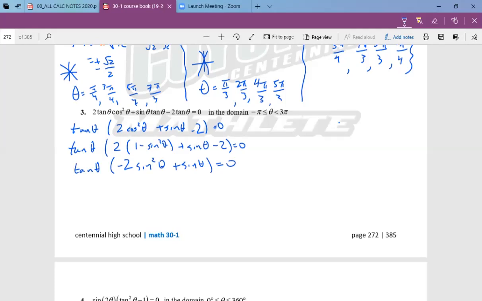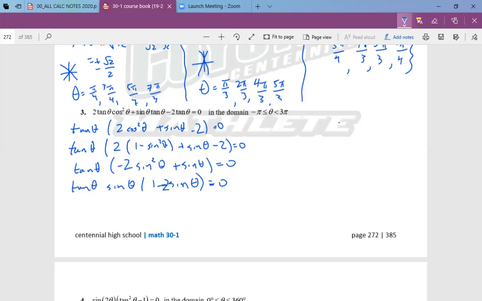I'm going to common factor out sine theta. Now we have tan theta, sine theta, and what we're left behind with is 1 minus 2 sine theta, not squared because we common factored out sine, equals 0.